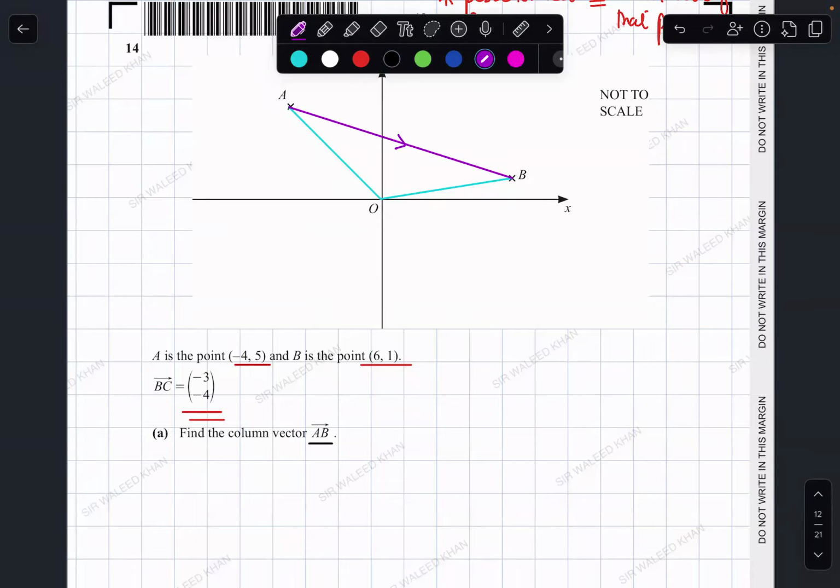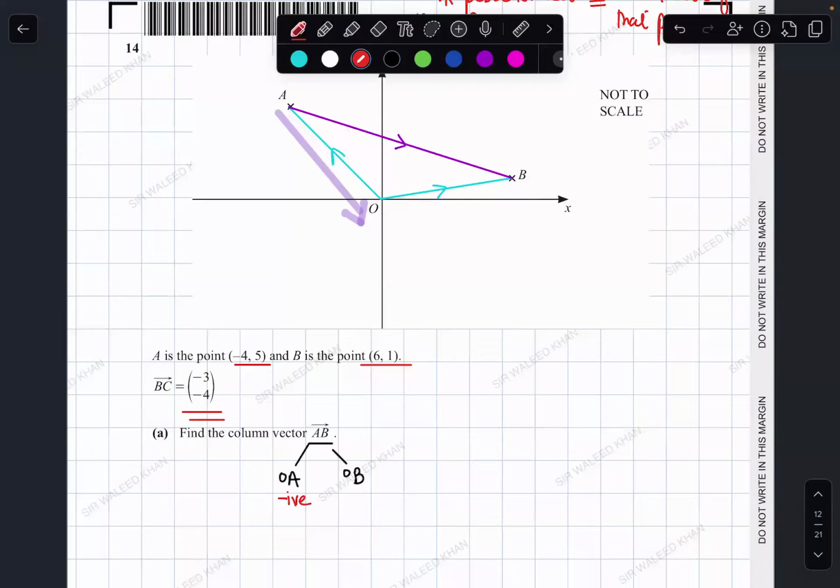So if this is the case, I have this OA and OB. I'm going to start from A and move in the opposite direction of OA. That is why your first vector, position vector, will always be negative.